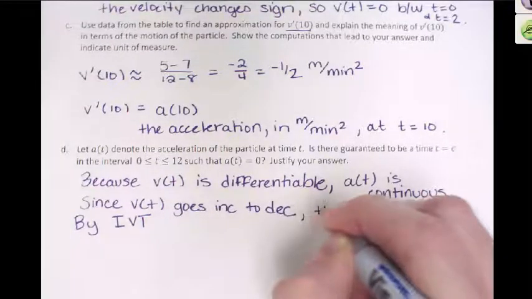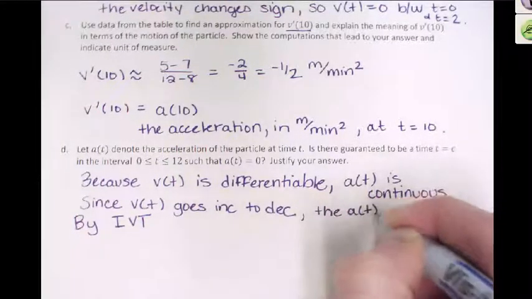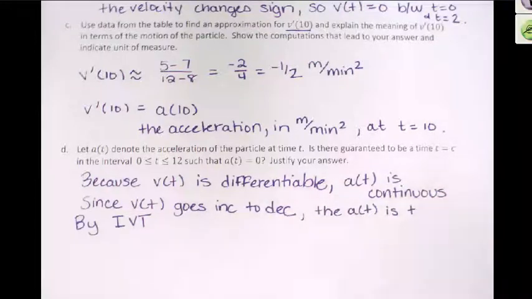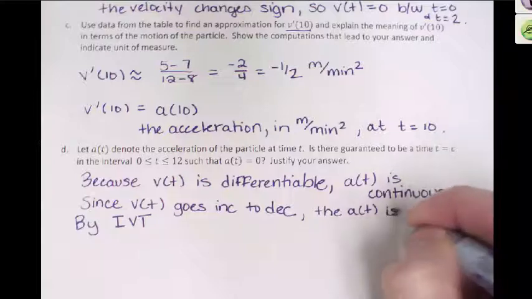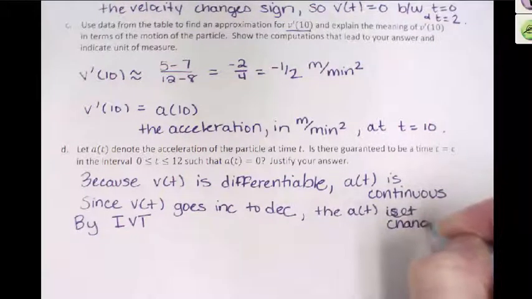So since the velocity increases and then decreases, the acceleration is going to be positive and then negative. So the acceleration changes from positive to negative.